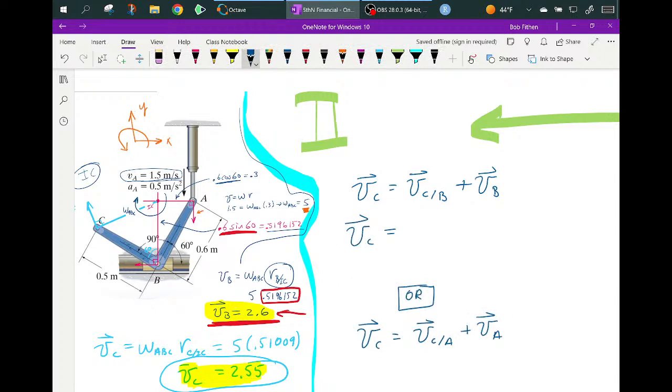Let's look at each one. Okay, first of all, the omega ABC will be the same.